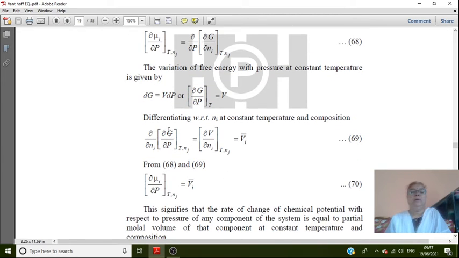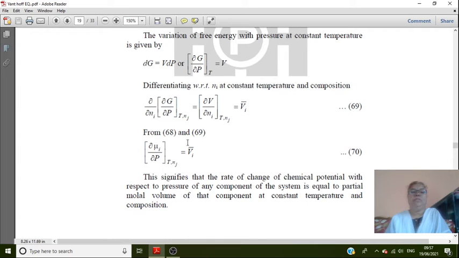Then differentiating with respect to N_i at constant temperature and composition, we can write ∂/∂N_i of ∂G/∂P at constant temperature and number of moles, equal to ∂V/∂N_i, and it is nothing but the partial molar volume.